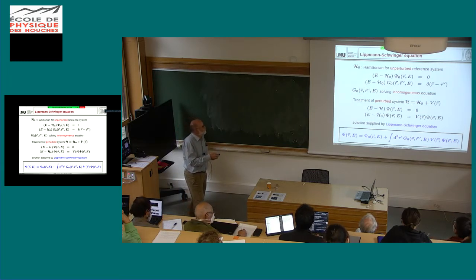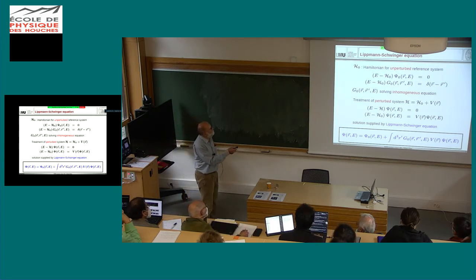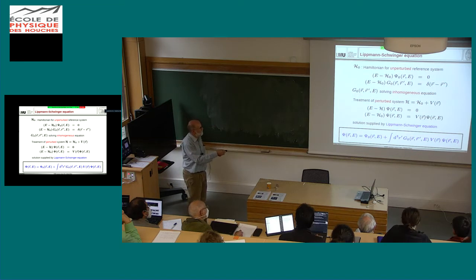Now, this object solves that second equation, and it helps us to handle a different, more complicated situation. Namely, we start from the simple situation where we have the Hamiltonian H0 to a more complicated one that differs by that potential. So we get a perturbed system. And that perturbed system, of course, has its own equation to be solved.